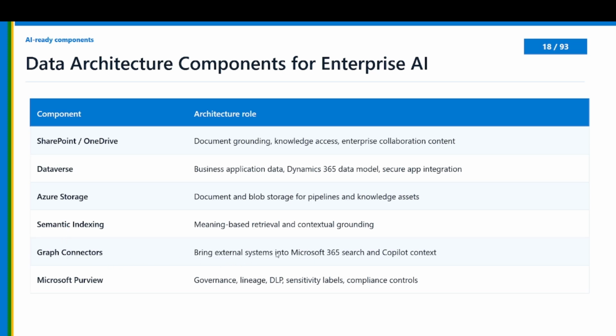So bring external systems into Microsoft 365 Search and Copilot context. Any source that can connect to Graph, like Outlook email, Teams, you can use Graph to connect to all these sources within the Microsoft 365 ecosystem to bring data into the Copilot or to connect to the agent.